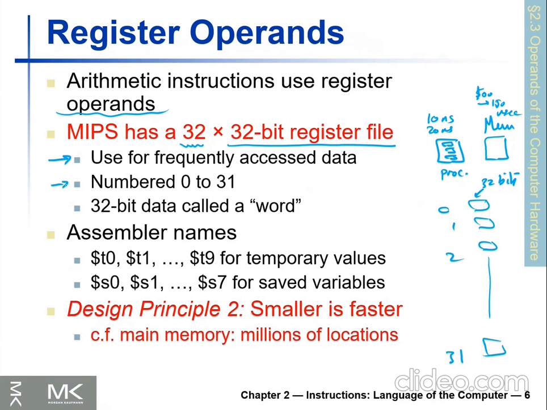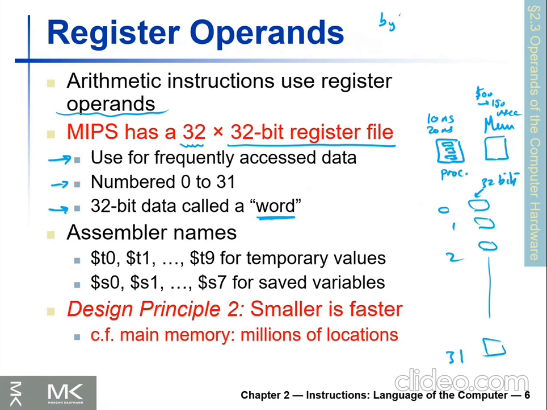Again, there are 32 registers, and each one is 32 bits. And usually in architectures, especially MIPS here, this is called a word. So if you have a container of data, like a variable of 32 bits, this is a word variable. So each register here can carry a word.